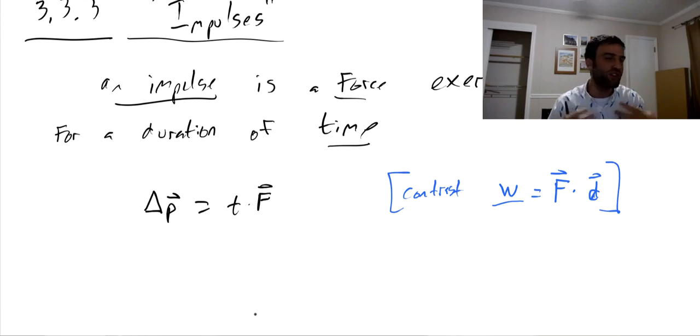So we'll learn a lot more about collisions in the next chapter, but you can already have maybe a little bit of an intuition that if you're having the same change in your momentum as you collide and bounce off something, but you have the option to do it over either a long time or a short time, if you collide over a very short time, but you have a fixed amount of momentum you're going to change, you're going to experience huge forces.